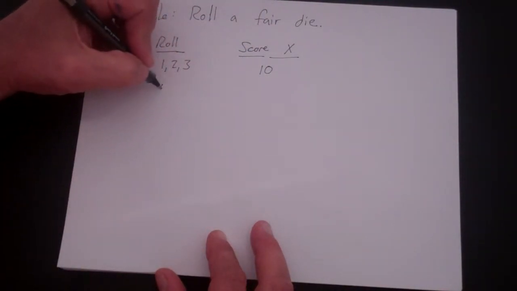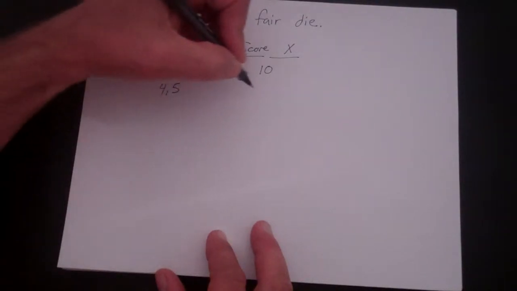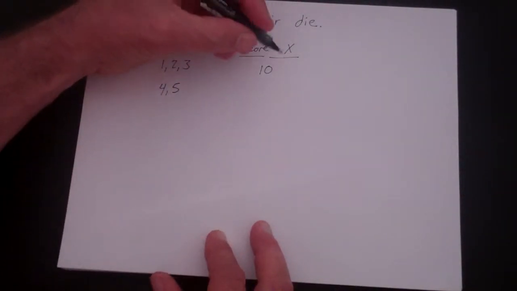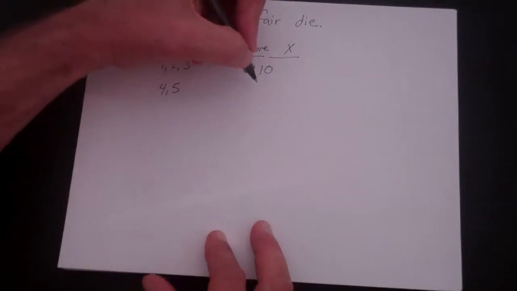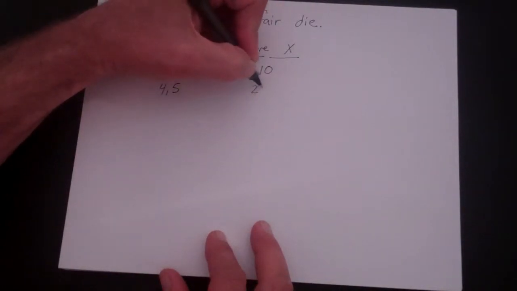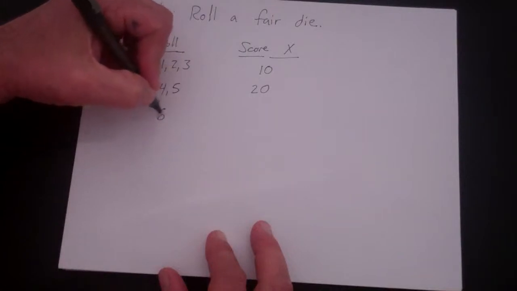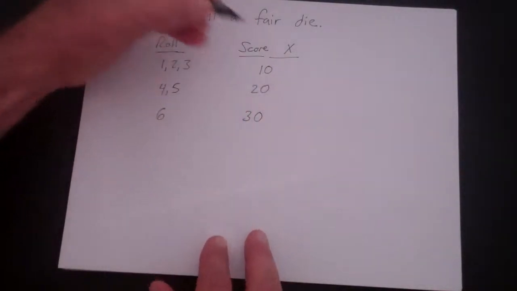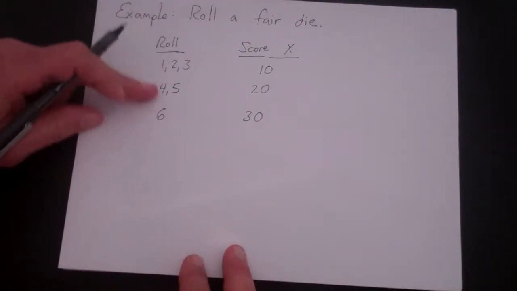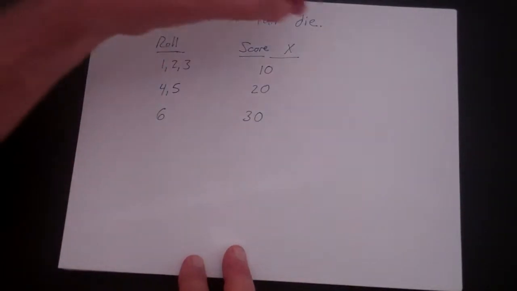And if you get a 4 or a 5, then you get an X value of 20. And if you get a 6, you get an X value of 30, right? So in some sense, the rolls are simply to generate the probabilities.